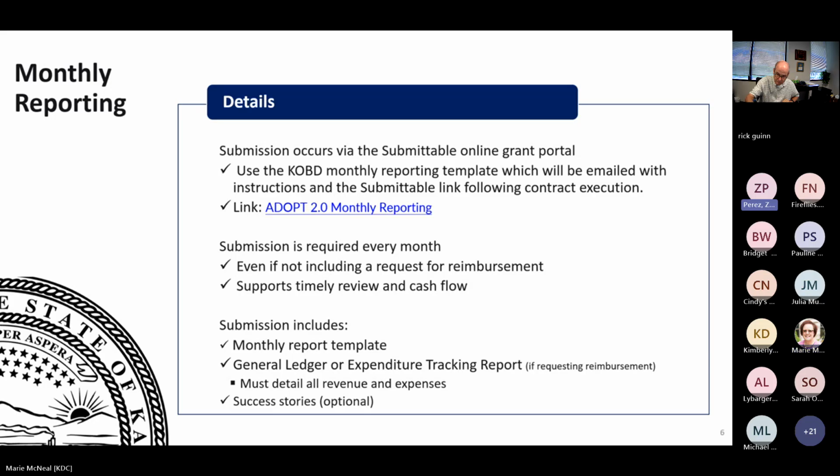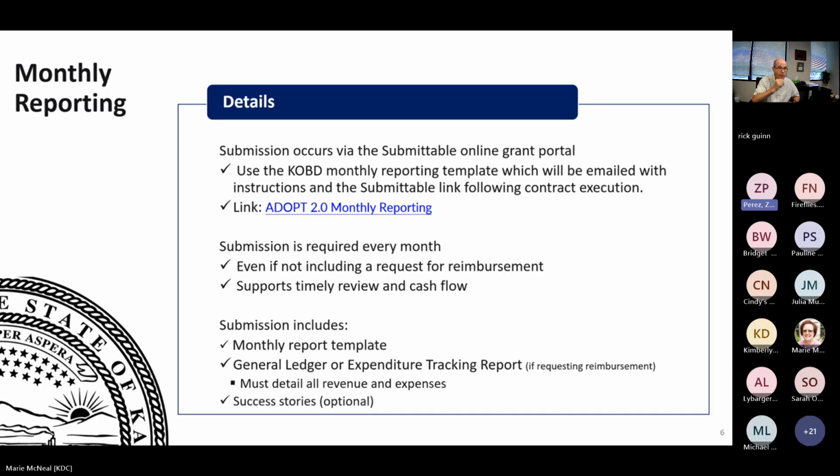So once again, the submissions are required every month. Even if you are not including a request for reimbursement, so you don't have expenditures, we do want you to report, because there are metrics that we'd also like to see, and also an overall project overview of how it's going. The submission will include the monthly report template, unless, of course, you decide to include a general ledger.